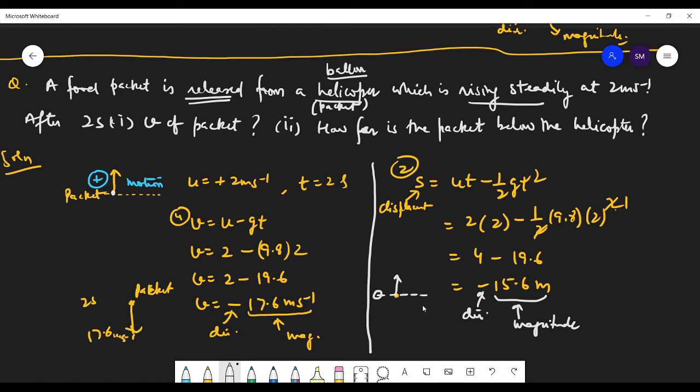So it is in the negative direction. So move in the negative direction. How much do you need to move? 15.6. So minus 15.6. That's the position of the packet. Okay. Yes sir, clear. Let us do another question.